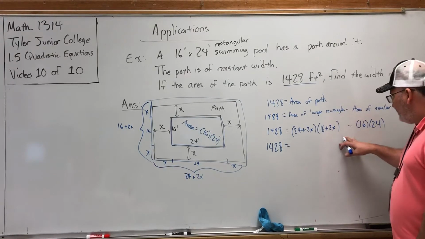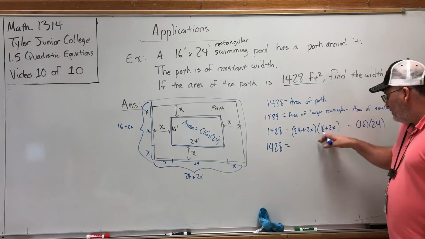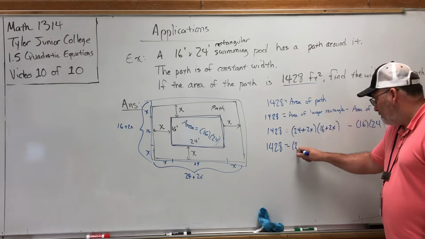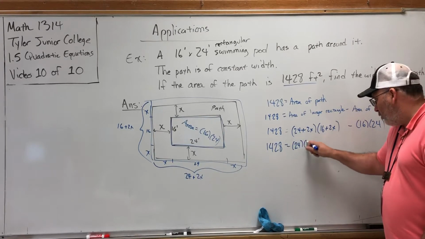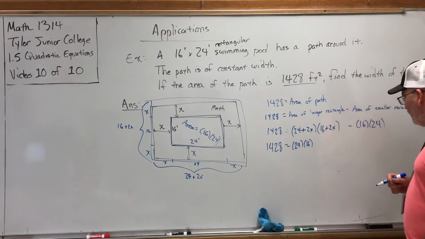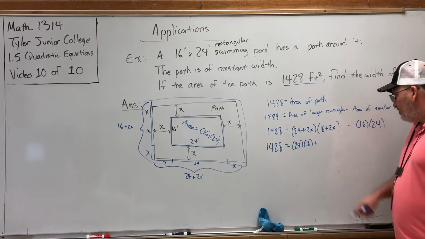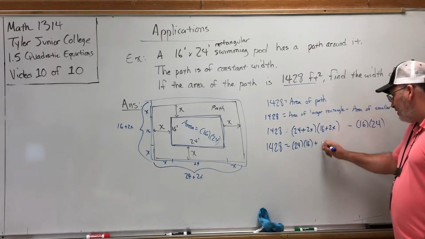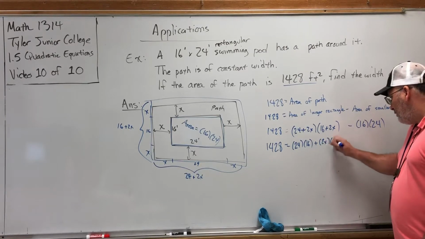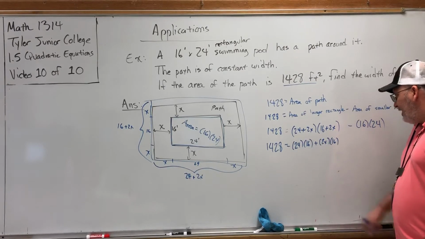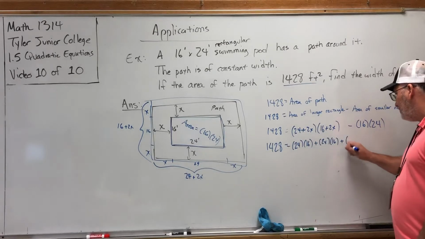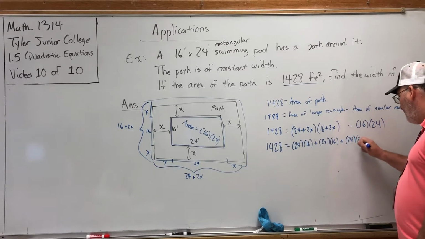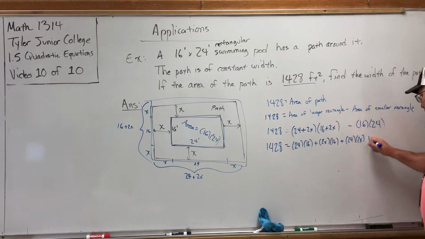If we FOIL this, we'll get 24 times 16, which I think is 384, but it's not going to matter, as you're going to see in a moment, plus the inside is 2x times 16, plus the outside is 24 times 2x, and then plus the last part is 2x times 2x.